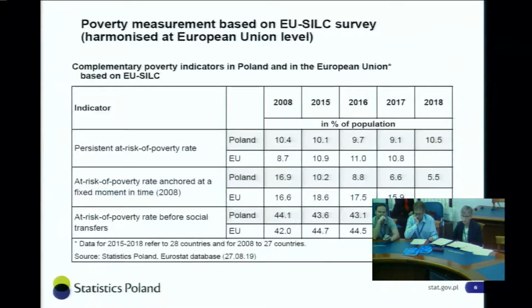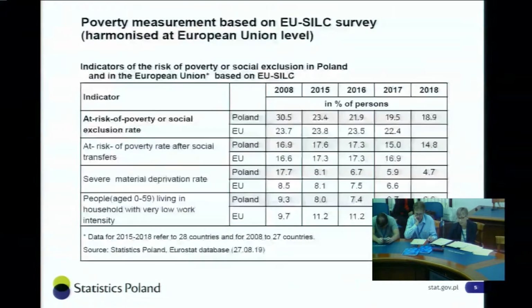The results of EU-SILC 2017 and 2018 indicate that the risk of poverty and social exclusion index was about 19% in Poland, as you can see in table 1. Relative poverty affected about 15% of people, while the severe material deprivation rate at the time was about 5–6%.